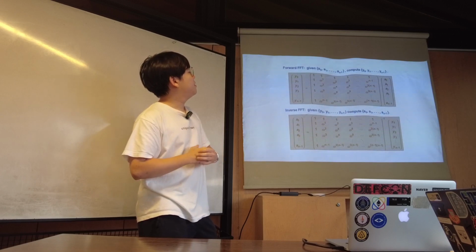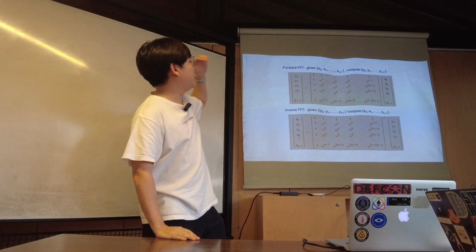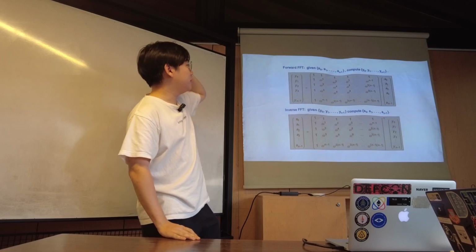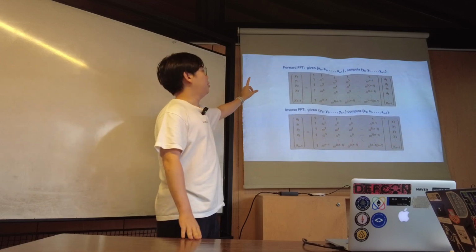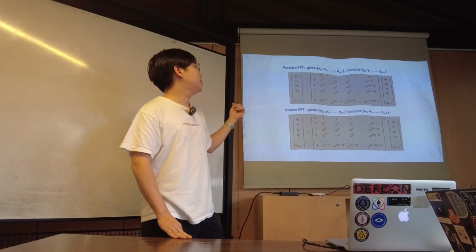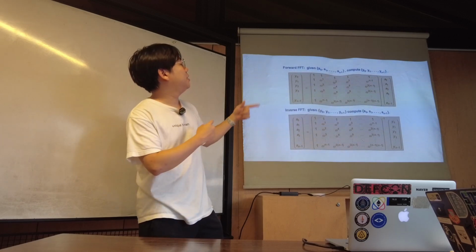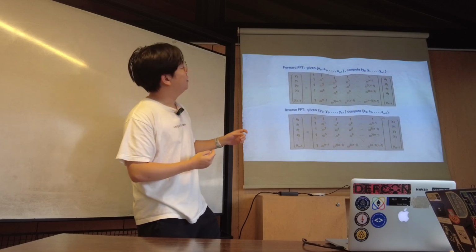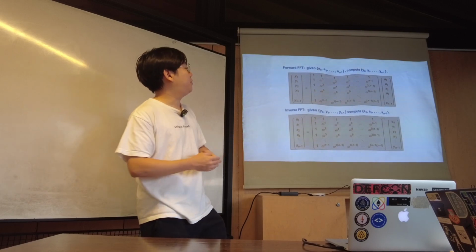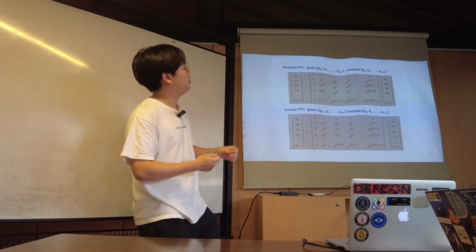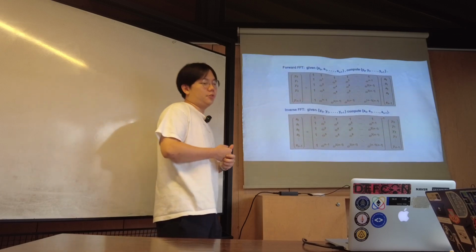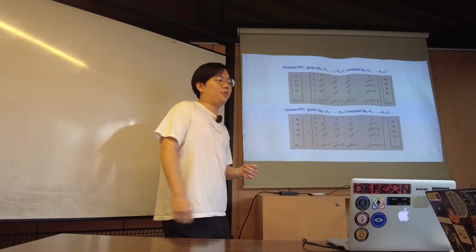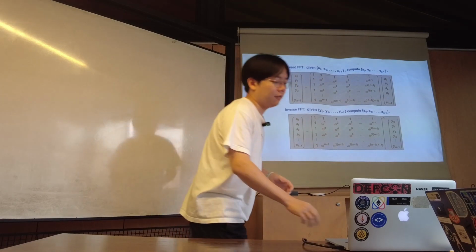Since omega n is periodic, you can actually reduce the computation count, because now that you have repetitive numbers, you don't have to compute the whole entire fast Fourier transform matrix. You just have to compute at most n values of omega.